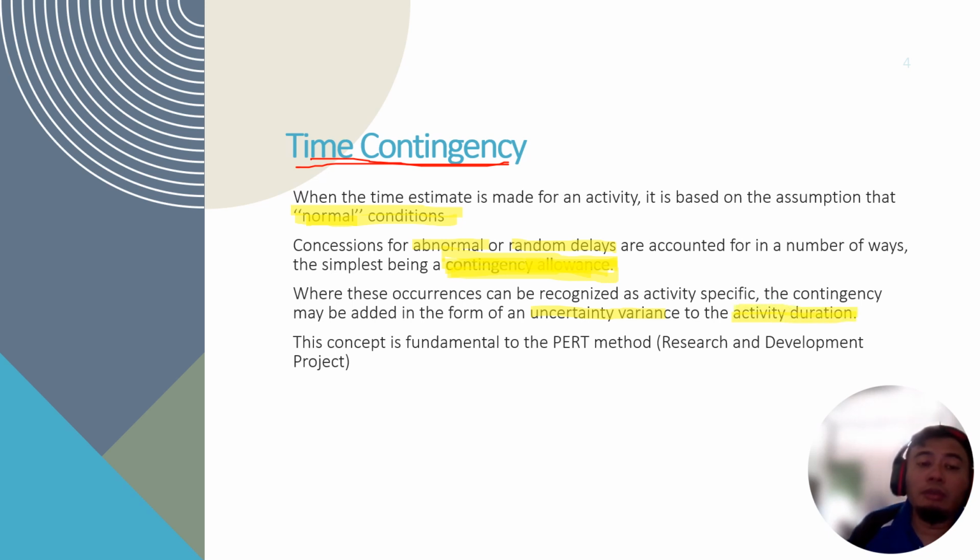This concept is fundamental to the PERT method, especially for research and development, because in research there should be contingency for any contamination to the sample, for example. So there will be a delay, and you need to repeat the test subject and so on. It is also applicable to construction projects, the CPM method.